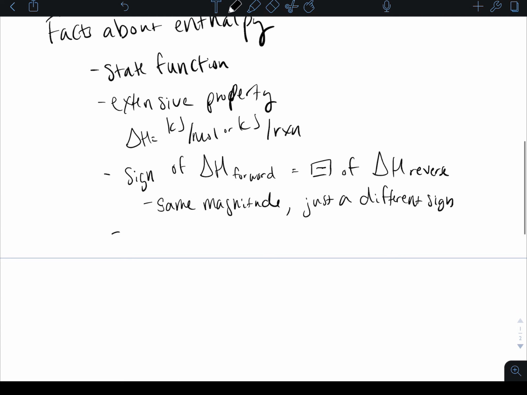Okay. And delta H depends on the states. If you change your state, it's not going to have the same delta H. So pay attention to those states. Okay. And that should make sense. It should take different amount of energy to get between the gaseous state and the liquid state.